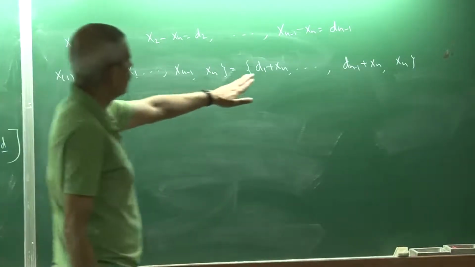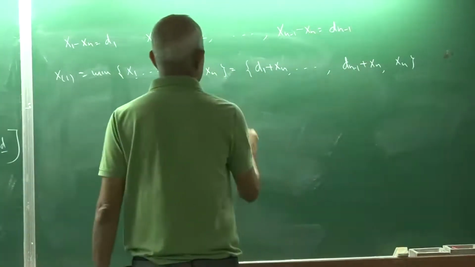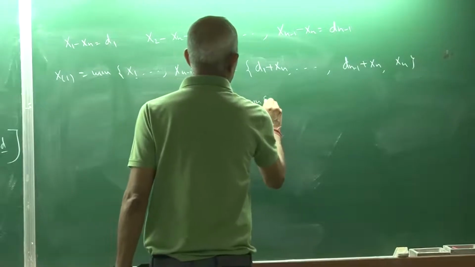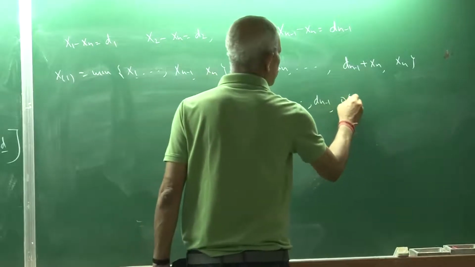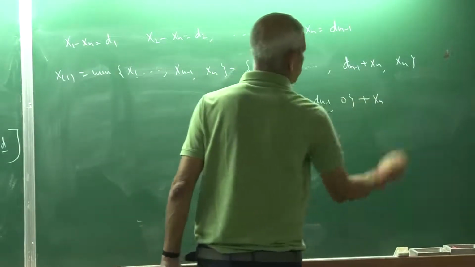Now this xn is common to all of them, so I can write this as the minimum of d1, d2, ..., d(n minus 1), 0, plus xn.